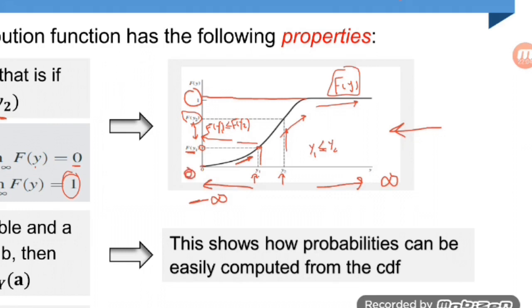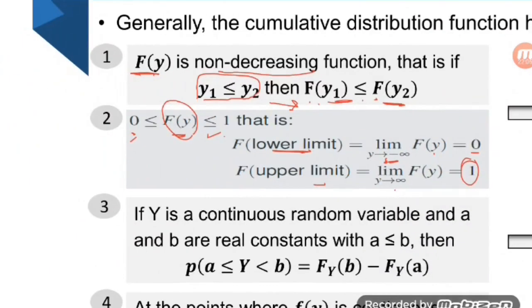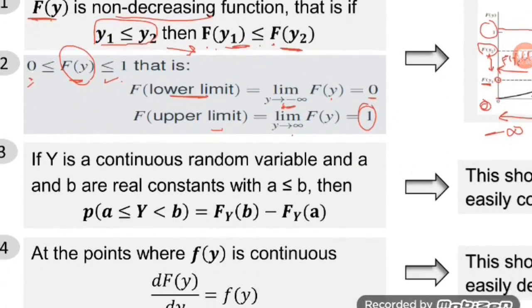Fine. Now move to the next property. If y is a continuous random variable and a and b are real constants, with a less than or equal to b, then this probability can in fact be computed using the CDF. It is equal to the CDF at the higher value minus the CDF at the lower value.